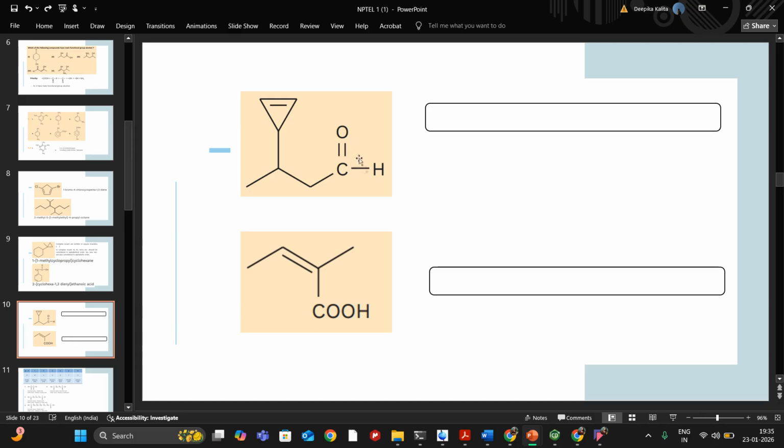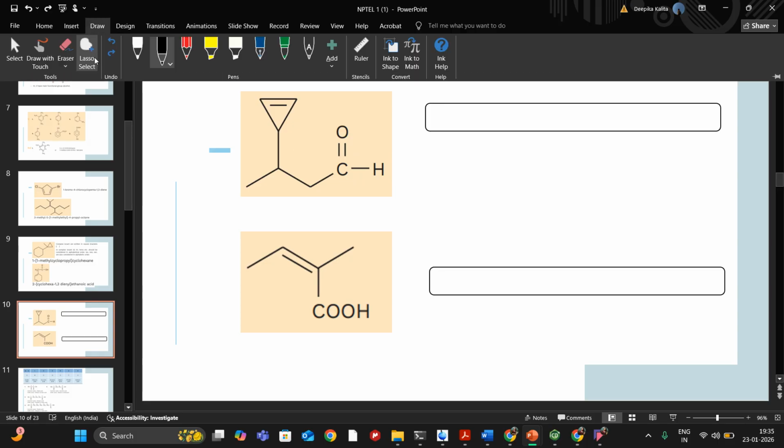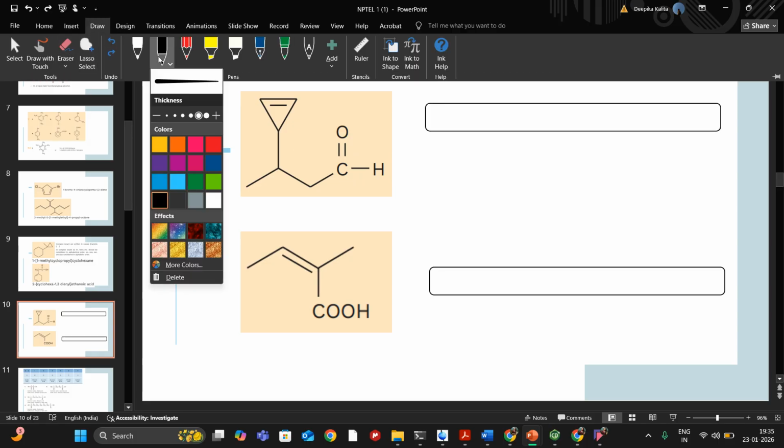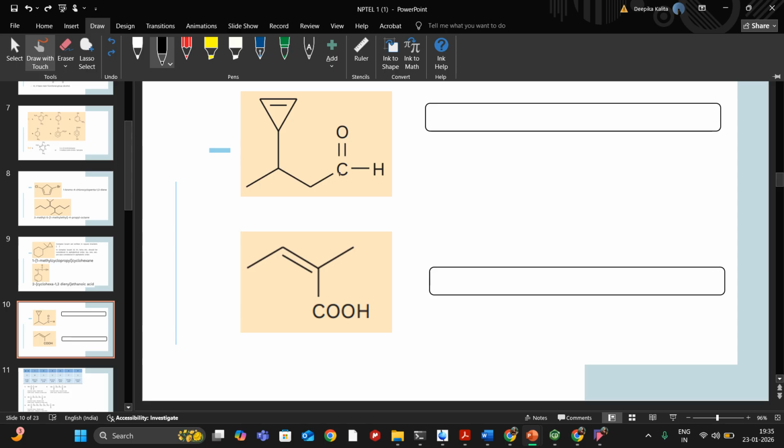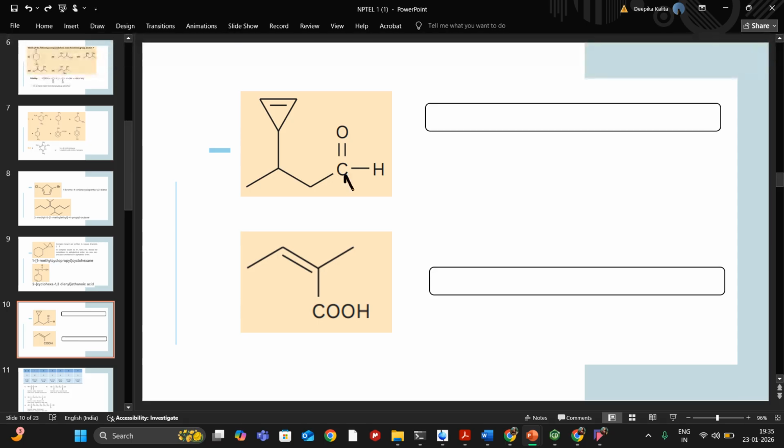So, like I said, the functional group will get the higher priority. Hence, we will assign the functional group containing carbon as 1, and the substituent will be present at carbon number 3.